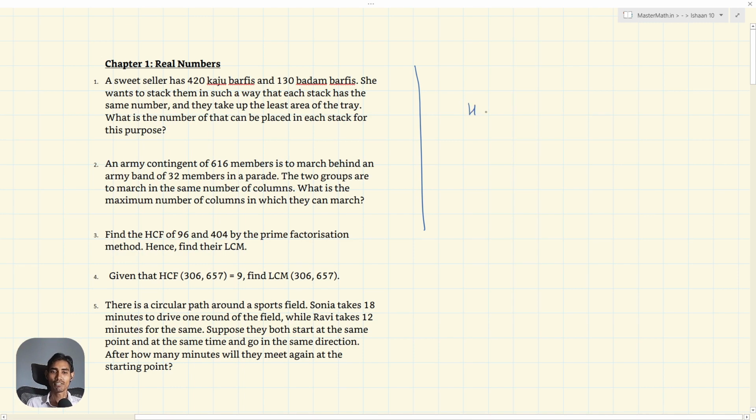In HCF we took 6 and 15, so the value was always less than the two numbers, right? And LCM was greater than the numbers, 6 and 15. So whenever we sense that the answer is going to be greater than the two numbers, we have to find LCM.